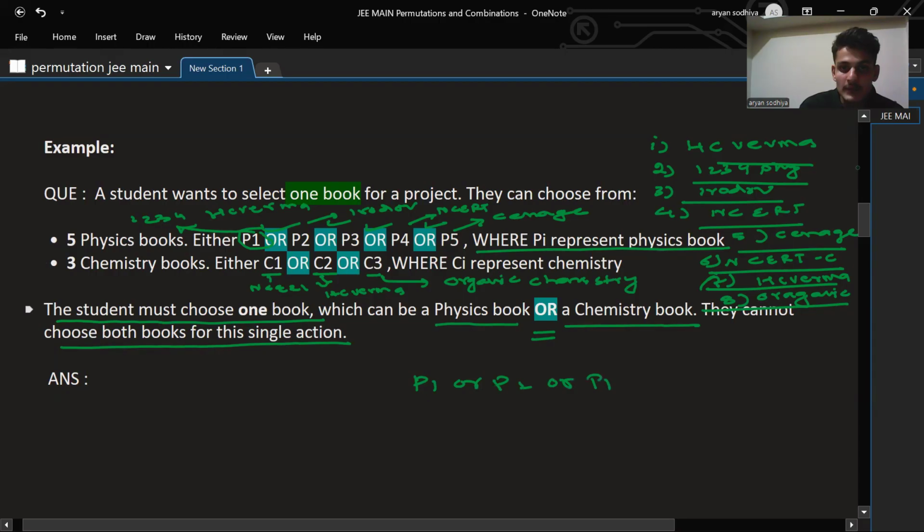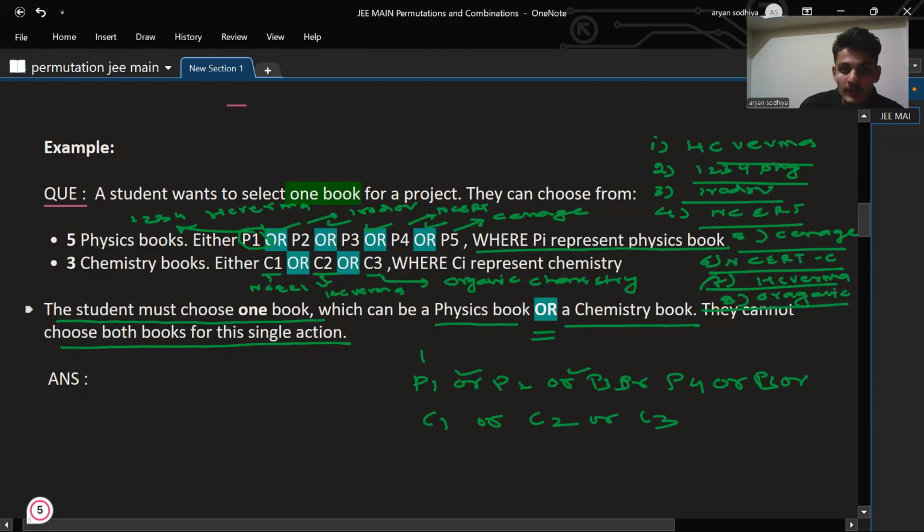P2 or P3 or P4 or P5 or P6, or sorry, P6 is not there because 5 physics books are there. So here it is C1 or C2 or C3. So everywhere is "or".